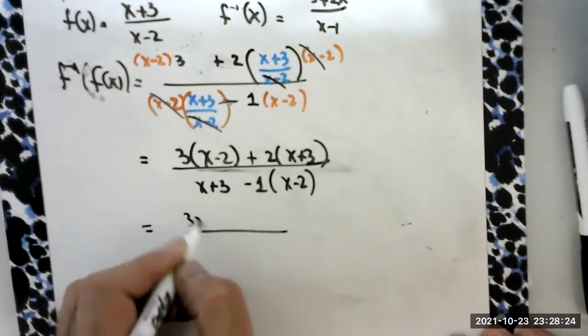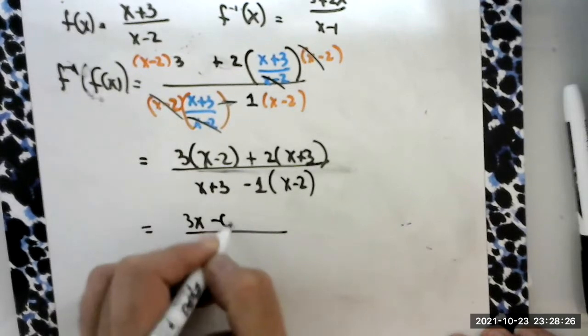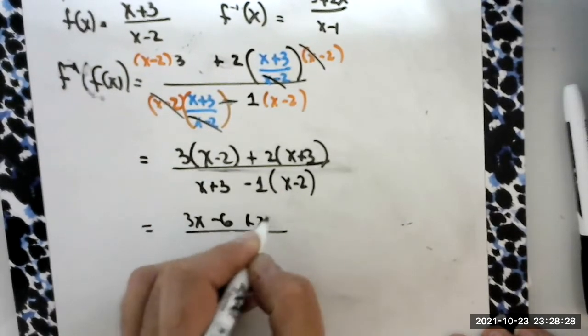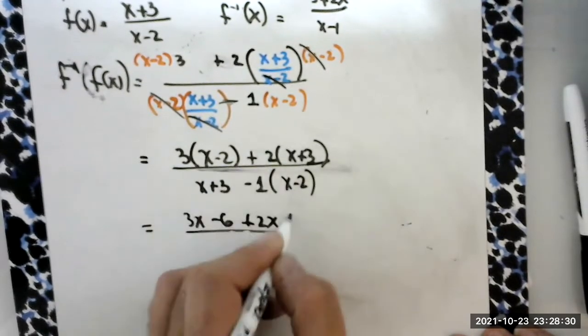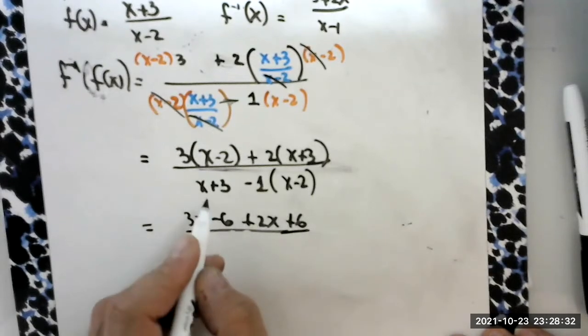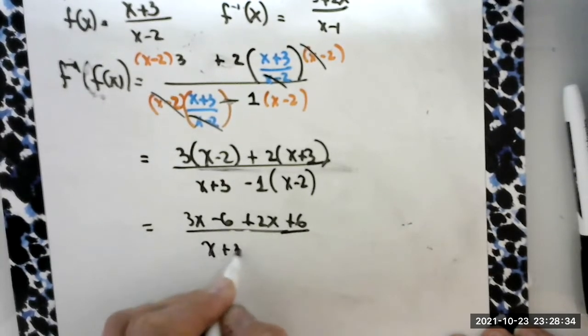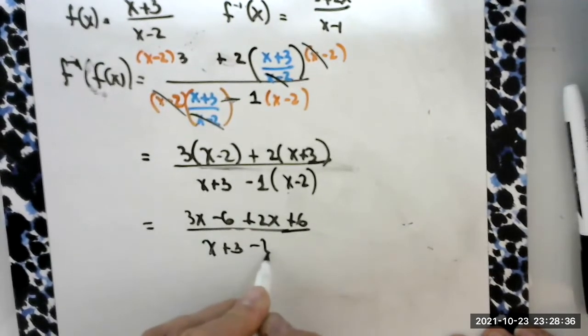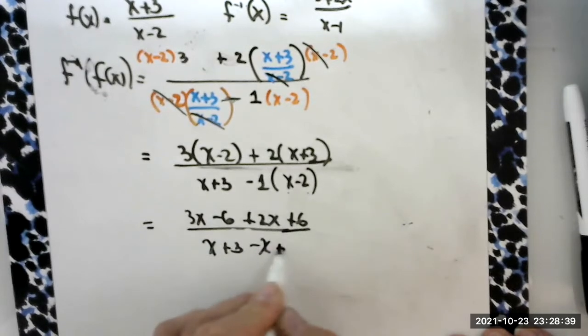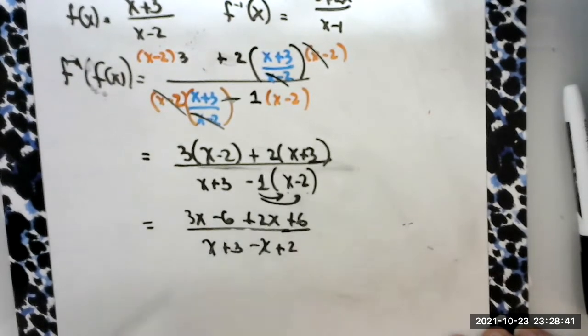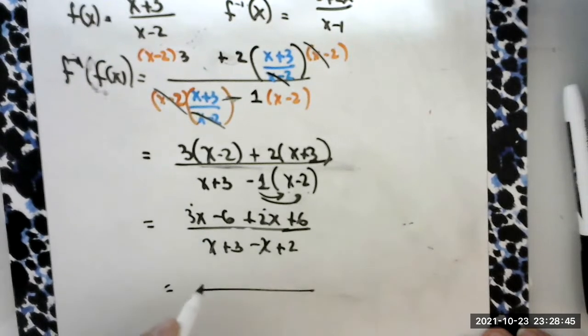3 times x, 3x. 3 times negative 2, negative 6, plus 2x plus 6. And here I have x plus 3 minus x plus 2. We have 3x plus 2x, that will be 5x.